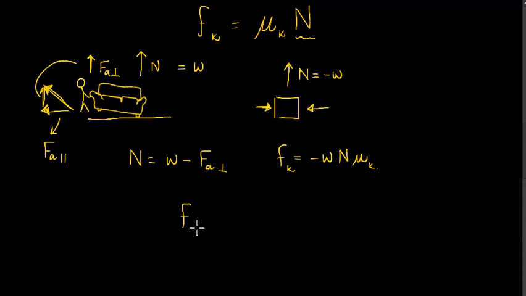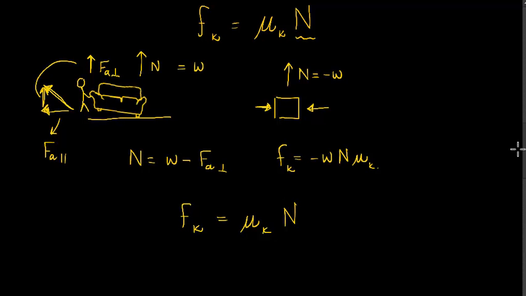When we work out frictional force, it is always true that it is the frictional coefficient multiplied by the normal force. But I can't just always use a fixed formula for normal force, because normal force is not always the same.